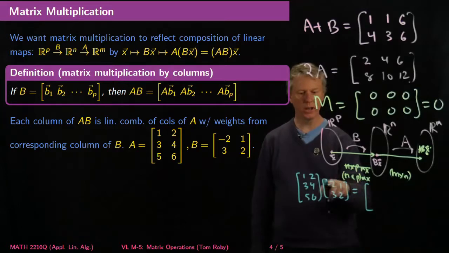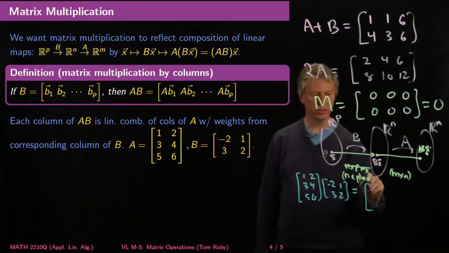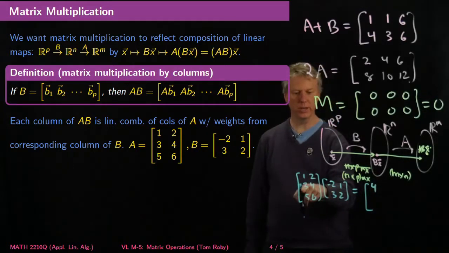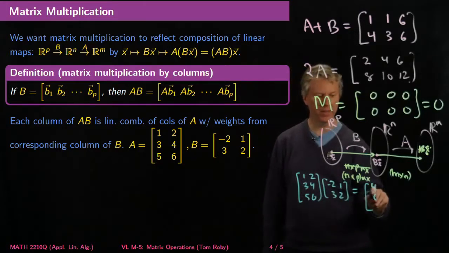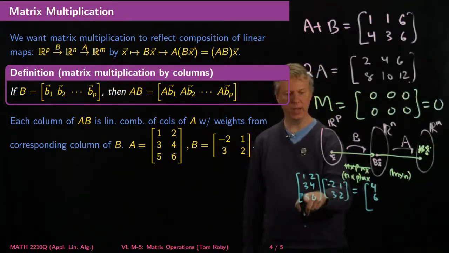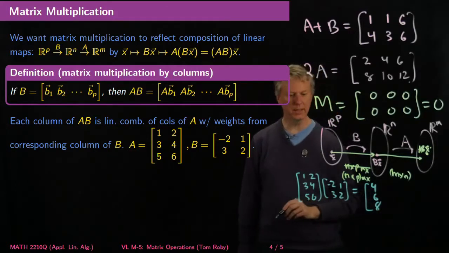In the first entry, I get -2 plus 6, which is 4. Next, -2 times 3 is -6, plus 4 times 3 is 12, that's 6. And then here I get -10 plus 18, so that's 8. So I get 4, 6, 8 there.